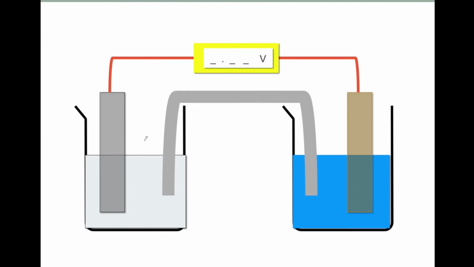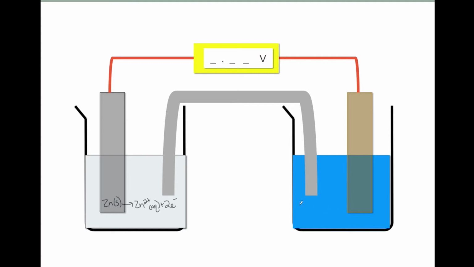Now that we know all the important components of a cell, let's take a closer look at what's actually happening within this cell. From earlier, we know that zinc solid is going to form zinc 2+, and in order to do so, it's going to give up 2 electrons.